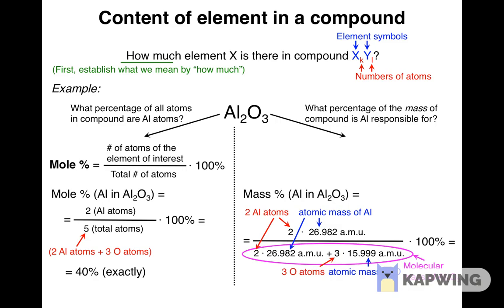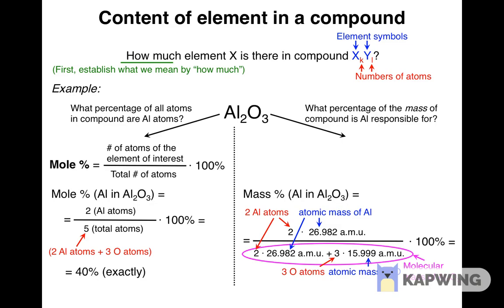26.982 atomic mass units, plus 3 times the atomic mass of oxygen, 15.999 atomic mass units, and when we add those numbers up, we get 101.961 atomic mass units.